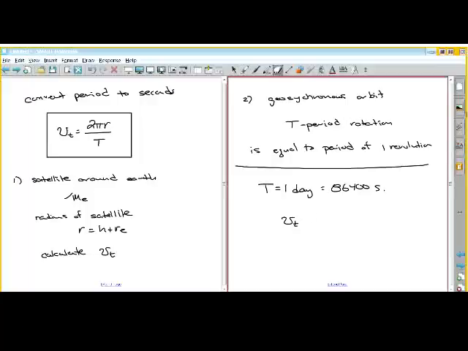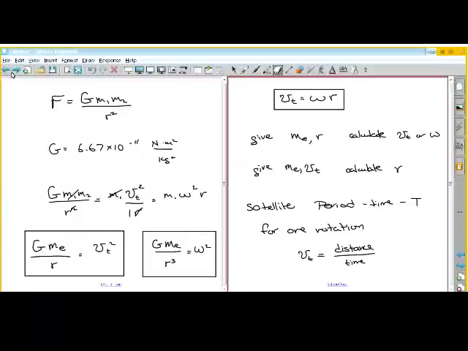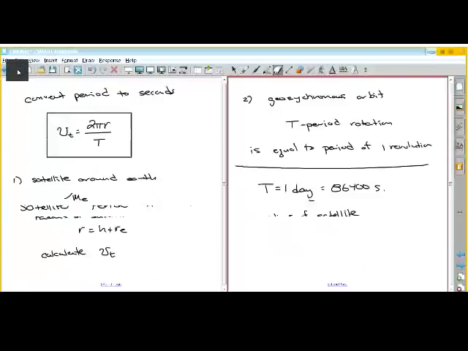So knowing the period, I can calculate the tangential velocity. Actually, you can't do that immediately, because what I'm asking you for is to figure out what radius this thing has to happen at. So I actually have to do some substitution here. So what I can do is go back here and take this expression.